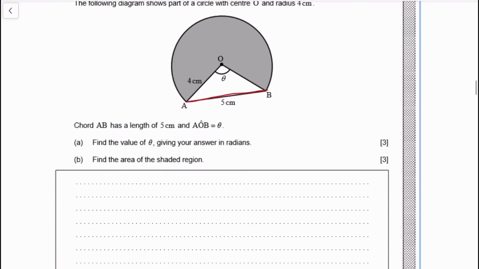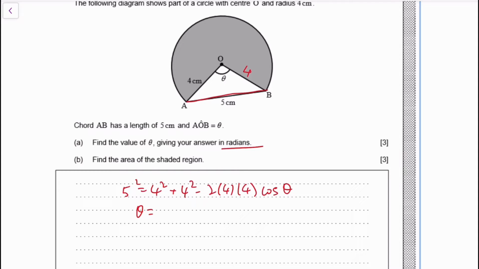So it looks like we can do cosine rule. So let's do that. This is 4 as well, minus 2bc cosine theta. So you need a calculator to do this. They want radians, so be careful, make your calculator into radian mode. So just casually type it and do it.